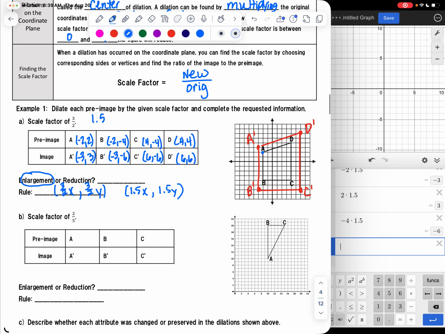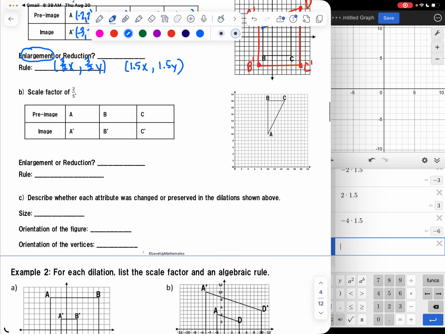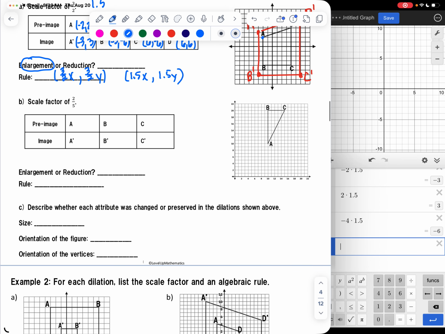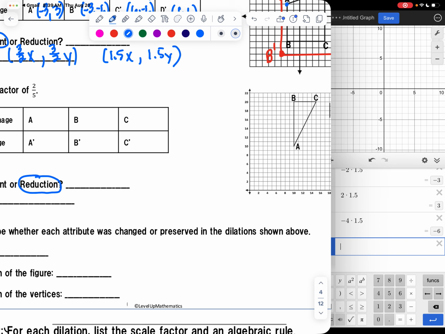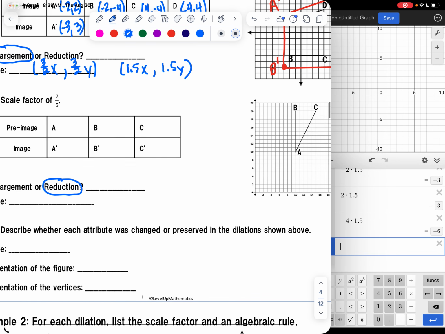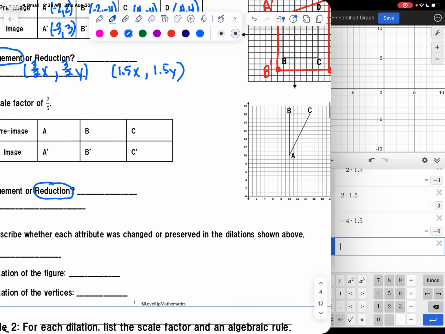All right, problem B, we have a scale factor of 2/5. Now, because 2/5 is bigger than 0 but smaller than 1, this is going to be a reduction. So what I want to do here is label the coordinates of point A, B, and C. So point A, see, we're going right 10 and up 10.